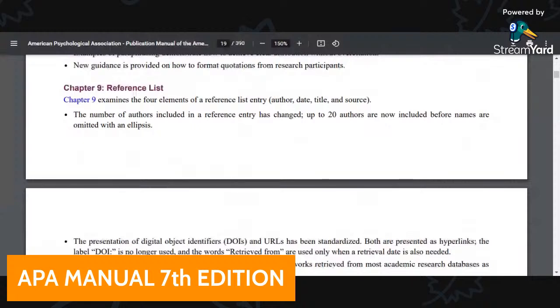In brief, we can say how we have to use the reference style. I will show it differently.